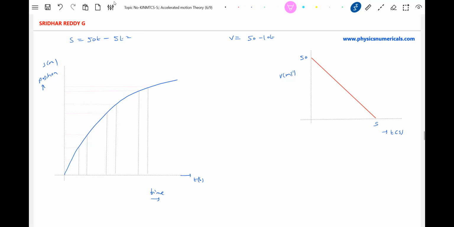Okay, you can see things clearly. Here, this is delta t, delta t, delta t. What about the displacement?